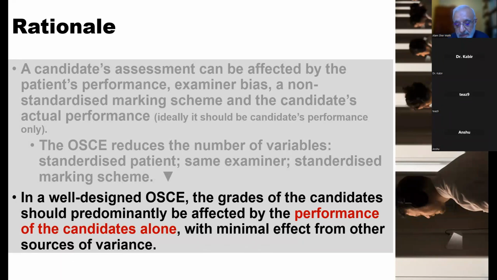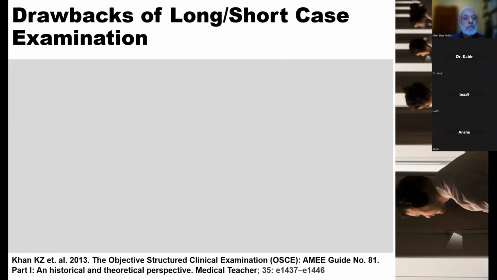So that is one rationale, a selling point for OSCE: that it reduces the confounding factors and tries to assess the students based on their performance and not on the other factors.